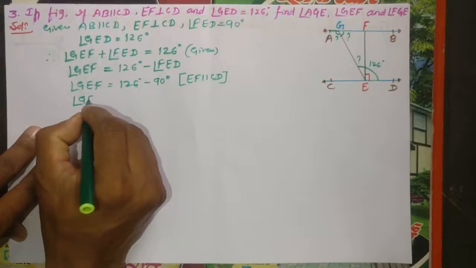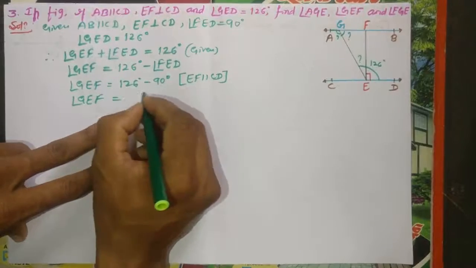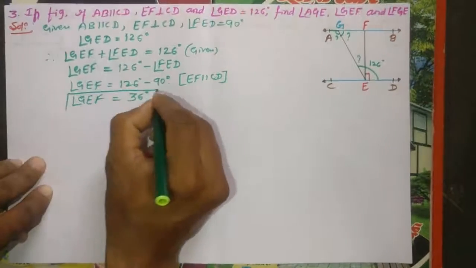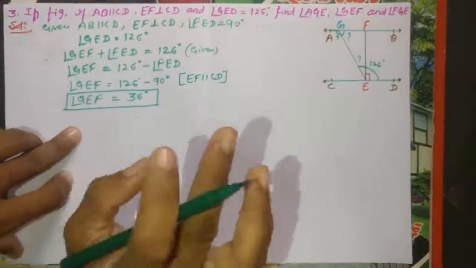Angle GEF is equal to 126 minus 90, that is 36 degrees. Angle GEF is equal to 36 degrees. We put this here first.